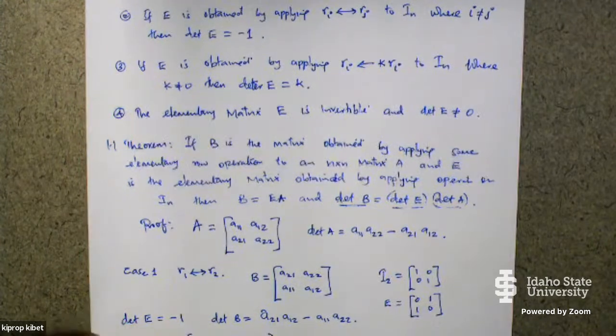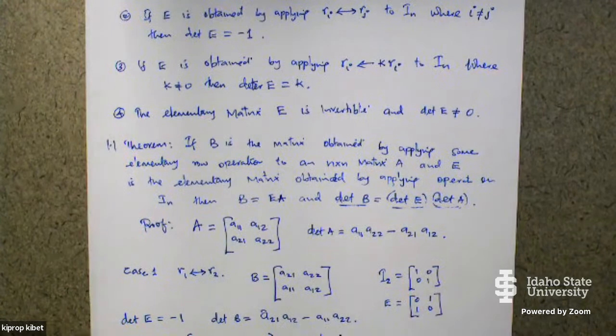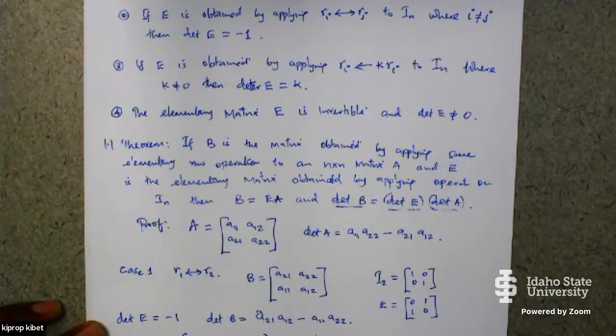And this is the same as what? It is the same as negative determinant of A, right? Because this is like the determinant of A. Therefore, using this, the determinant of B is negative this one.